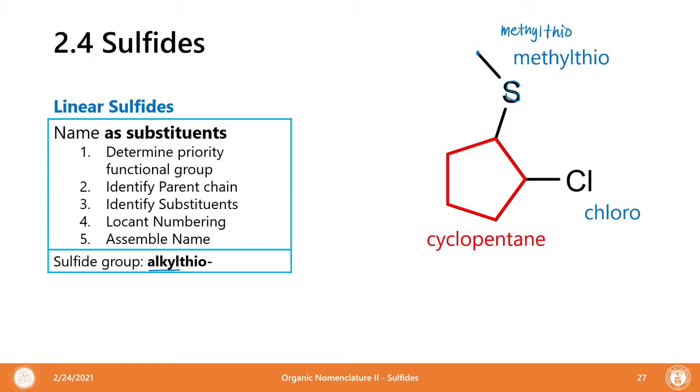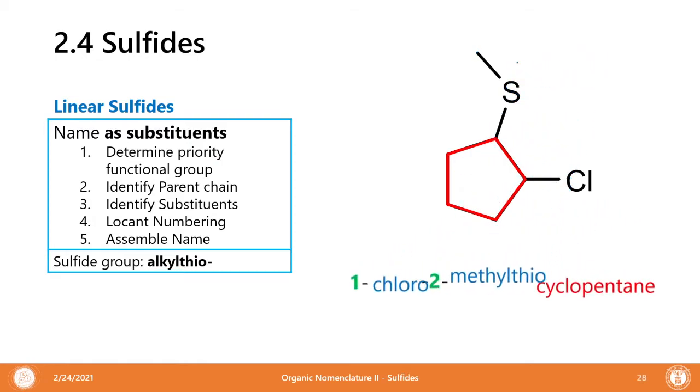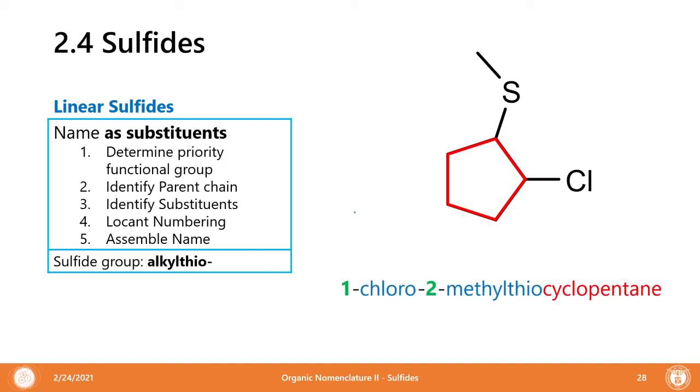Now we do locant numbering, and since we do this in a cyclic parent chain, we must use alphabetization as our basis, and so we give number 1 to chloro, number 2 to methyl thio. So when we assemble the name, we have 1-chloro-2-methylthio cyclopentane.